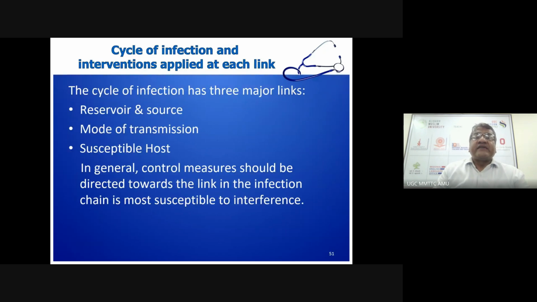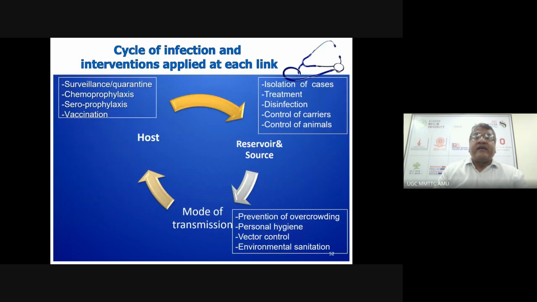The cycle of the infections and intervention applied at each link. I have already discussed this. These are the different cycles of the infection where we can act in different ways.